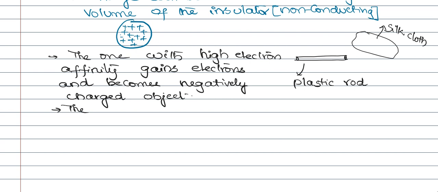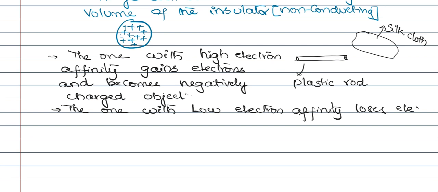The one with low electron affinity loses electrons and becomes a positively charged object.